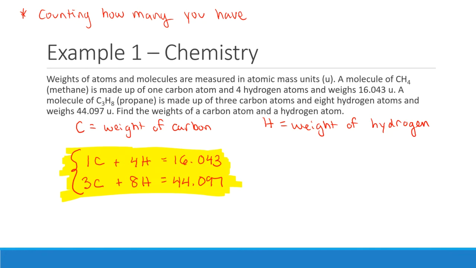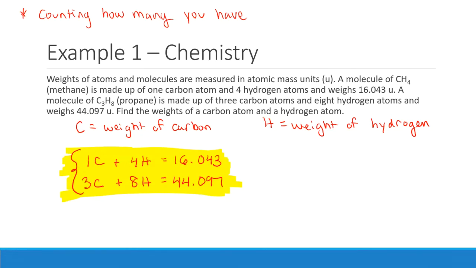Those fit into these categories where you're counting how many you have of something, and then you have a total cost, a total weight, you're given some sort of total. They're set up all the same, you just have different variables, or your right side might be weight, it might be price, but it's going to be some total.